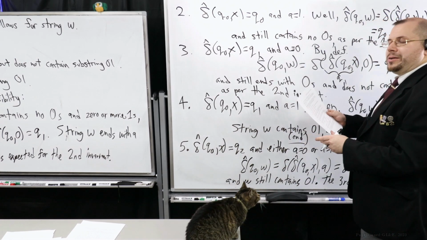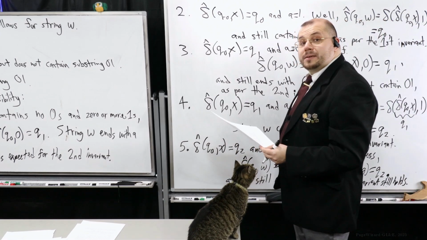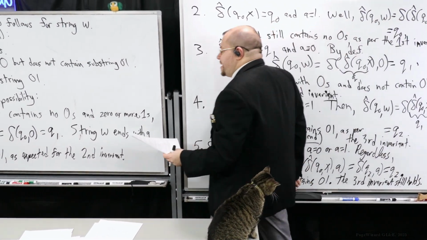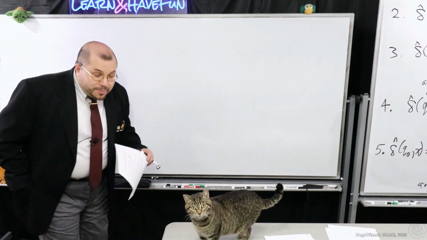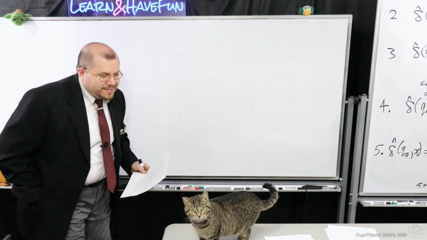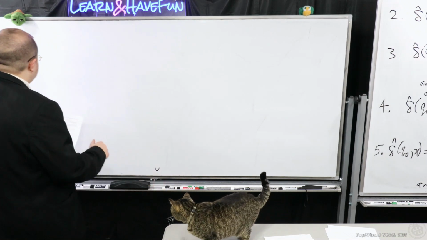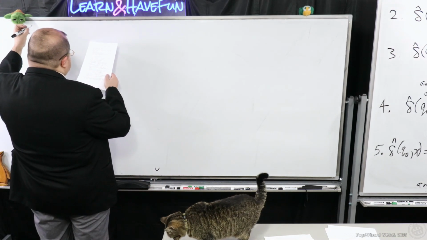So now we've broken down every one of the cases. Now we just complete the induction step, and then we can invoke the principle of mathematical induction, and we're done. Miss Kitty, are we going to finish the proof? Yes, okay.